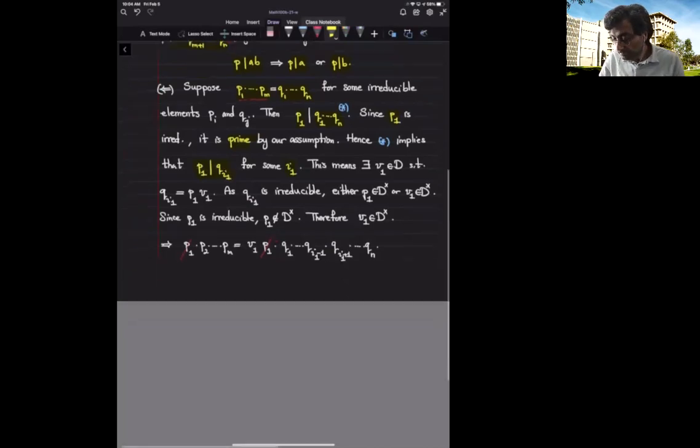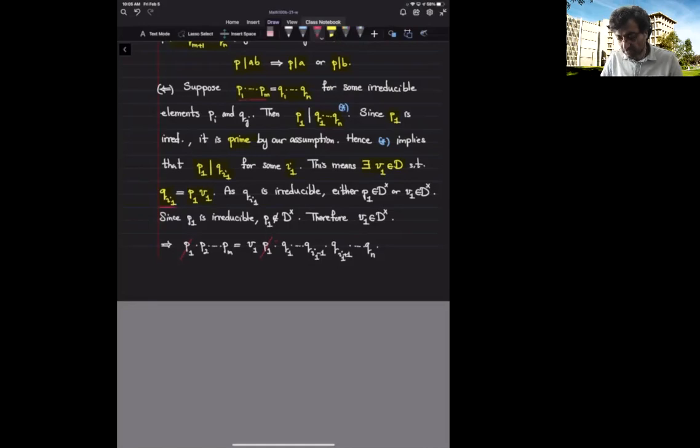That means Q sub I sub 1 is a multiple of P sub 1, so I can find something inside the ring such that Q sub I sub 1 is P sub 1 times V sub 1. But remember, all Q sub j's are irreducible elements. So this is an irreducible element.